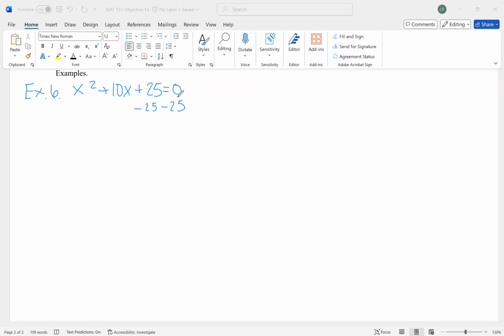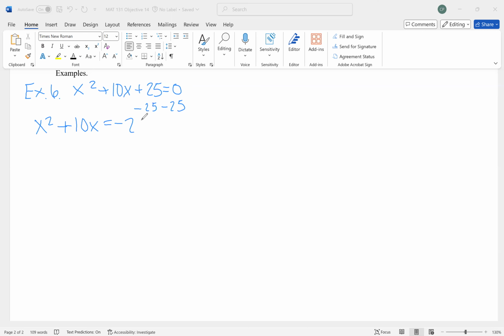And if you notice that the problem is already a perfect square trinomial, you still need to do this, okay? Because the problem asked us to solve by completing the square.